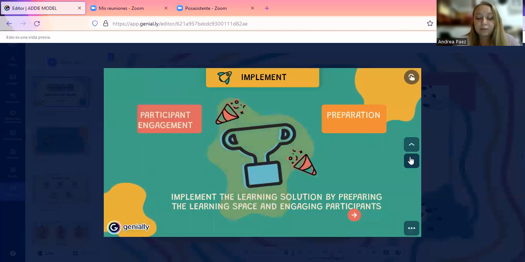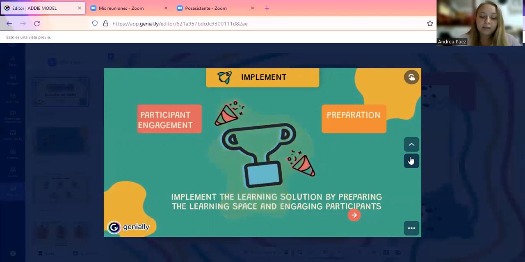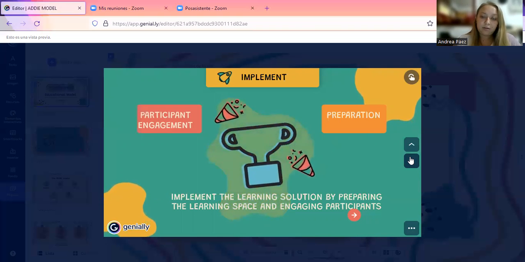Then we continue with the preparation of an instructor-led course with the schedule and qualified individuals to act as facilitators.